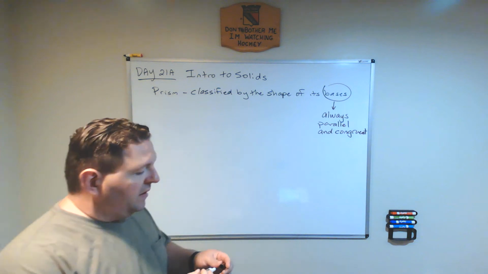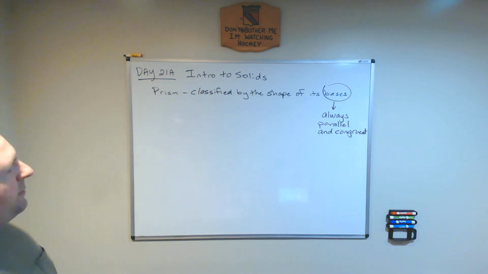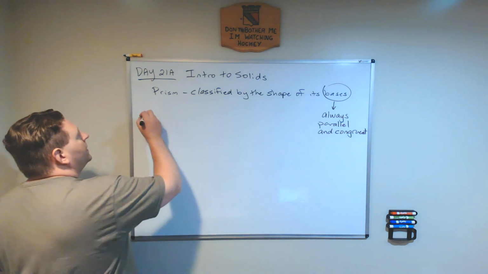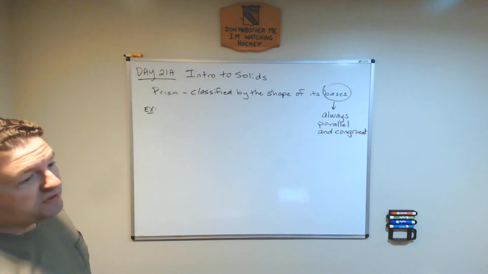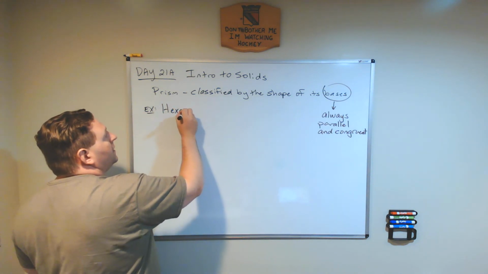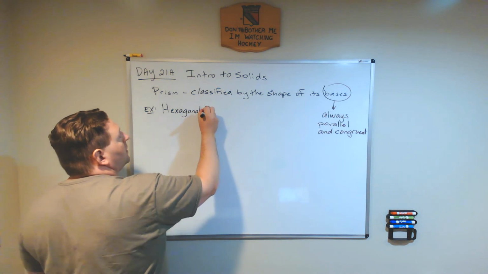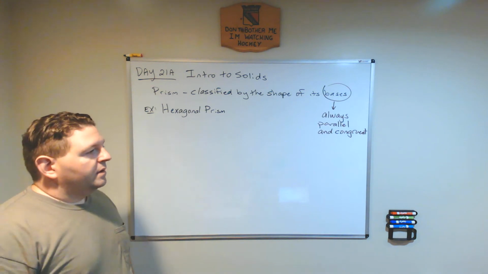Always parallel and congruent, the bases. So let's draw an example of a prism. Let's do a hexagonal prism. So the bases here are hexagons.